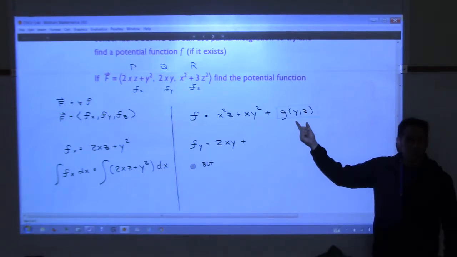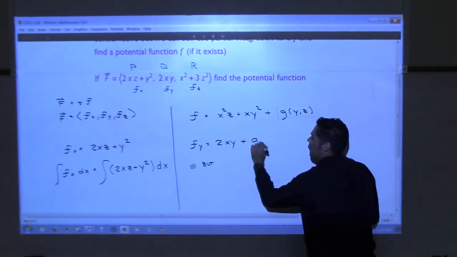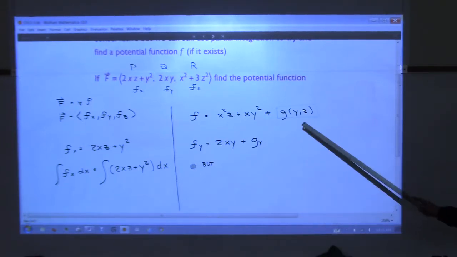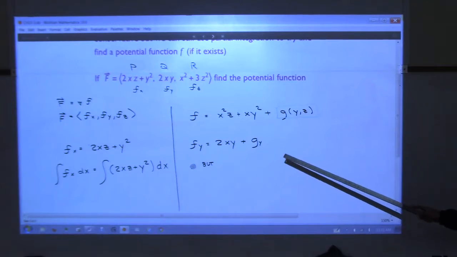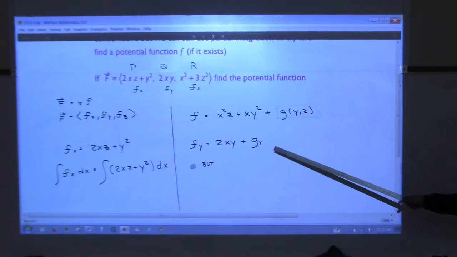It's the derivative of this with respect to y, which we write g subscript y. That's the partial of g with respect to y. You don't want to write g prime here because you don't know what variable you're differentiating with respect to. Understand? The derivative of this with respect to y is this.